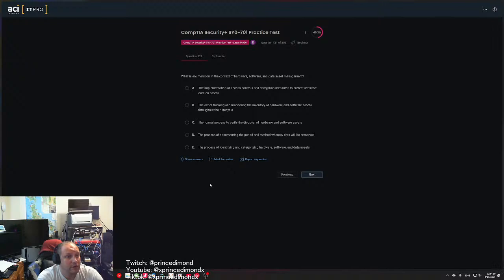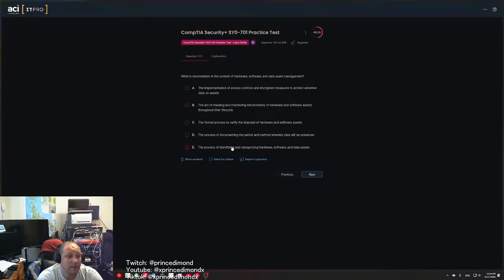What is enumeration in the context of hardware, software, and data asset management? That is going to be the act of tracking, monitoring inventory of hardware assets throughout their life cycle. Oh, interesting.